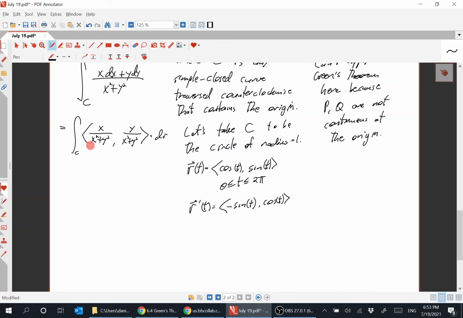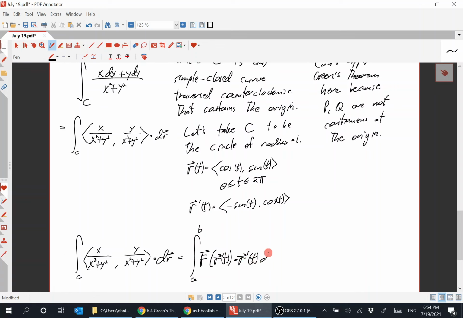So the line integral over C of x over x squared plus y squared, comma, y over x squared plus y squared dot dr is equal to the integral from a to b of f of r of t dot r prime of t dt.